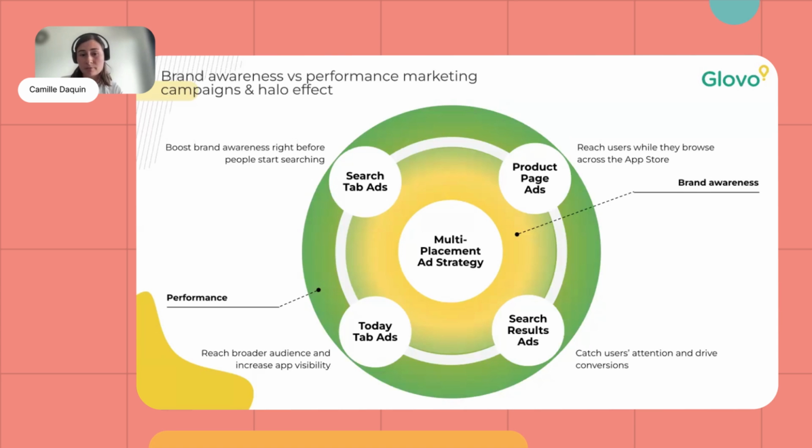And use the Today tab to showcase some great promo, so you can use custom product pages for both brand awareness and performance marketing placements. So at the end, by using all of these placements, you can maximize exposure and downloads, and really improve your brand visibility and your brand impact. It can be a great foundation for your market presence, basically.